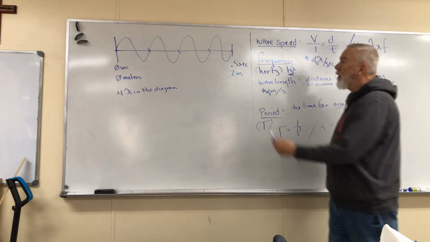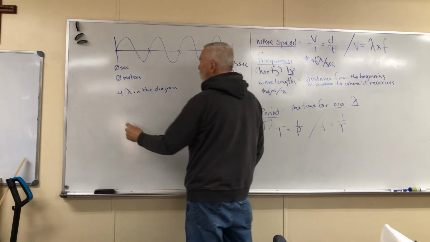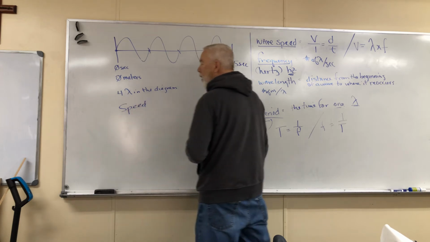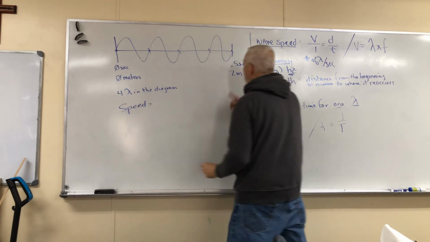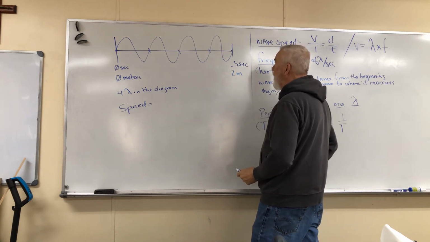Now, when I look at this problem over here, if I'm trying to solve for the speed, then I automatically have enough information because it's giving me the distance and the time.